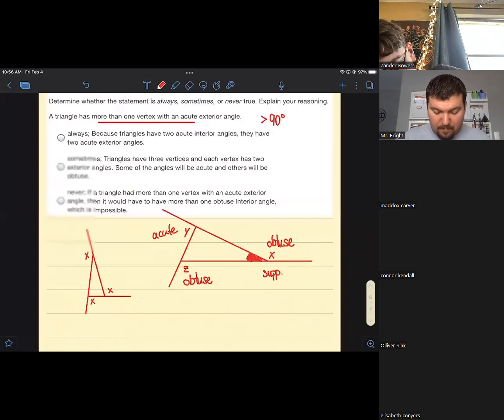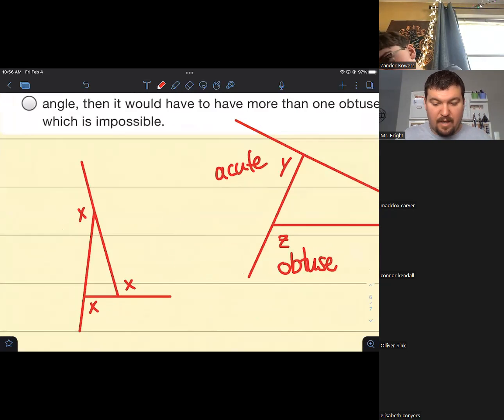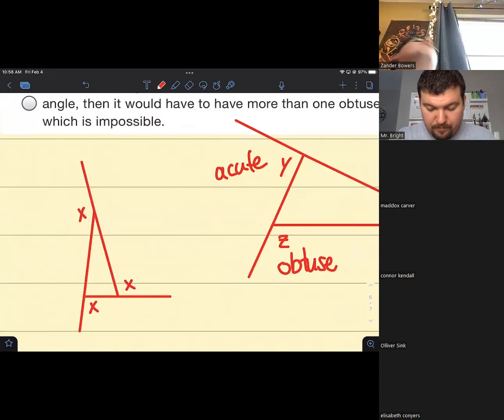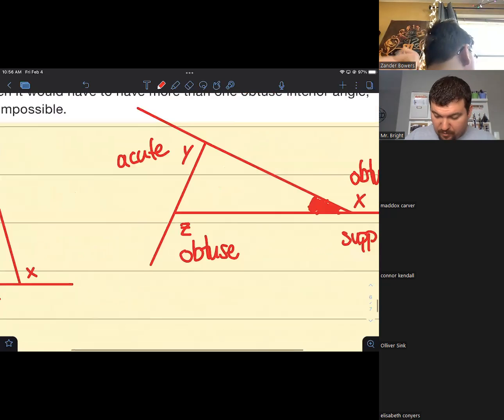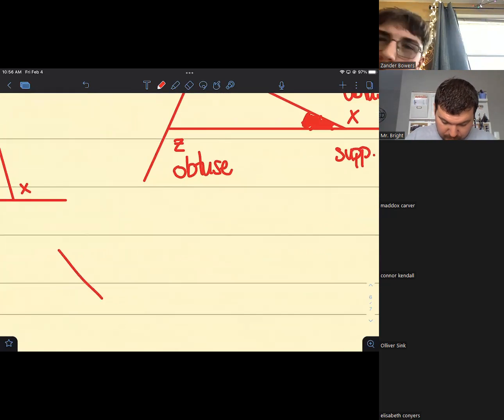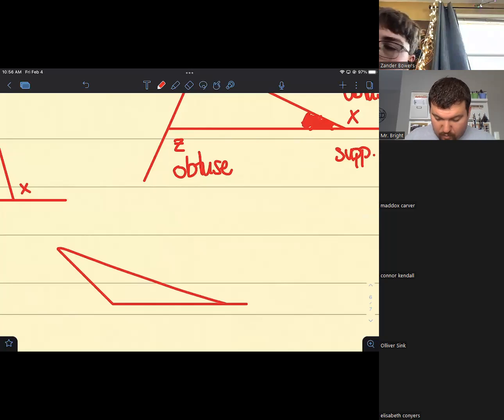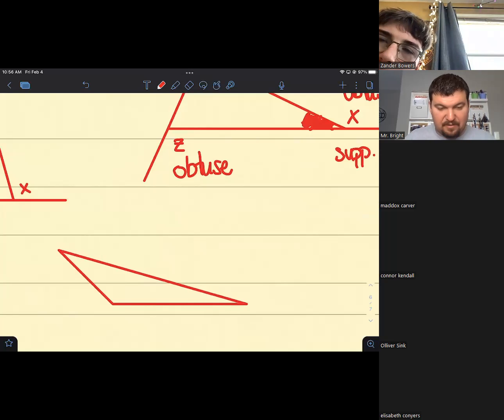If you do an acute triangle where all three angles are acute, then all three exterior angles would be obtuse. But even if I do an obtuse triangle, like let me do an obtuse one real quick, I can only make one angle obtuse and the other two angles have to be acute.